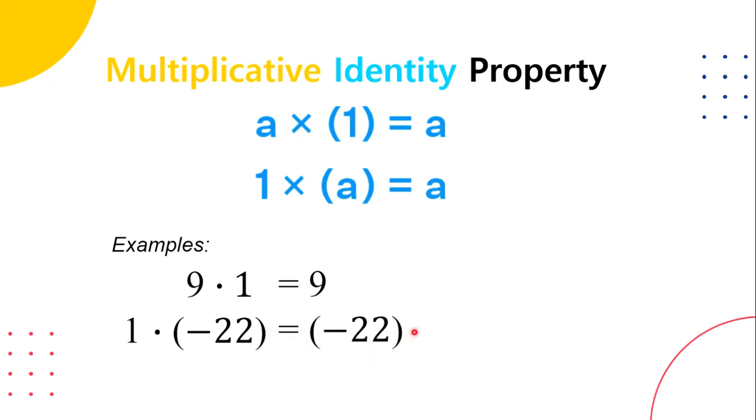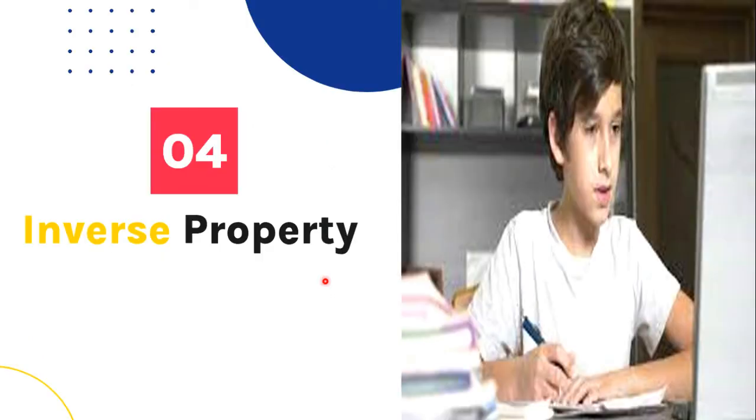So that's it for the identity property. Meaning to say, the result, the sum or the product, should still be the original number, the identity. So the fourth one is what we call the inverse property.